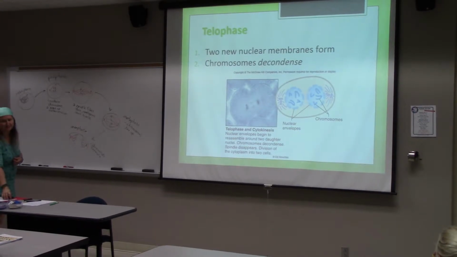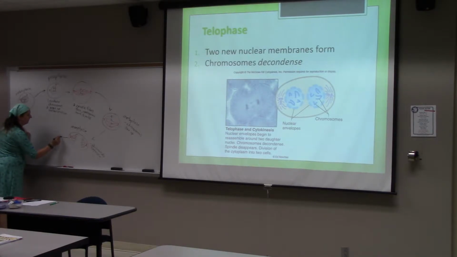And then finally, telophase. Telo means terminal, like the end. 2 main things are happening in telophase. One is we're reversing everything we did in prophase, but double. So we're rebuilding 2 nuclei. The other is cytokinesis, which we'll look at next.